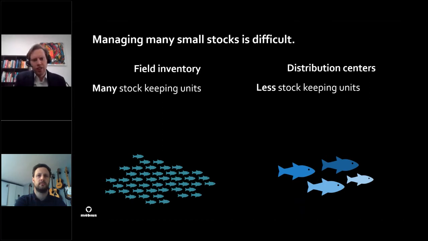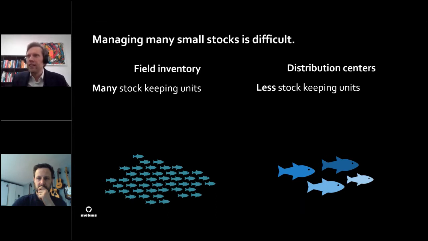Even if each inventory point has a limited number of products in stock, if you multiply by the number of locations, you have a lot of stock keeping units to manage. And that means that manual approaches become extremely cumbersome. They need a lot of energy, time, and effort, just because there are so many of them.